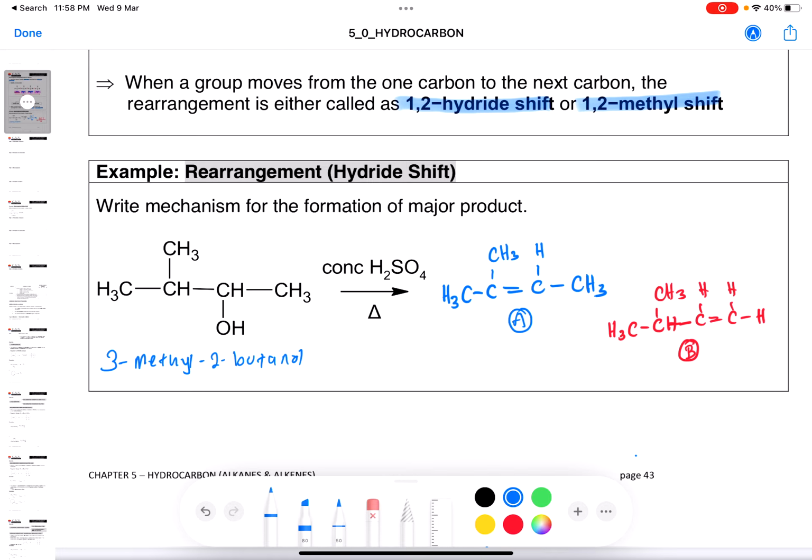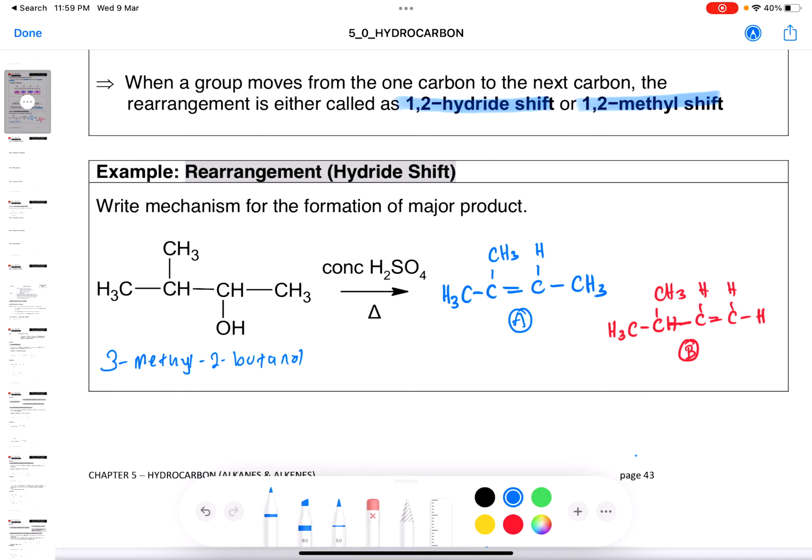We react it with concentrated H2SO4 and heat it, and we are going to get product A and product B, and both products are alkenes. But we have to identify which one is the major product.